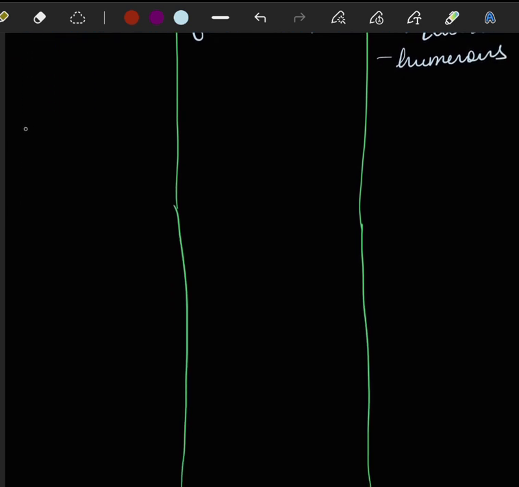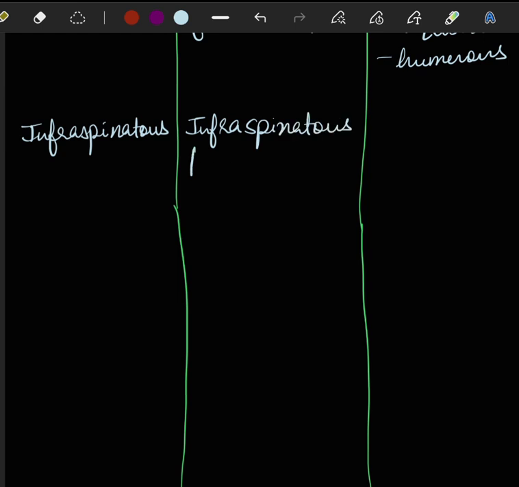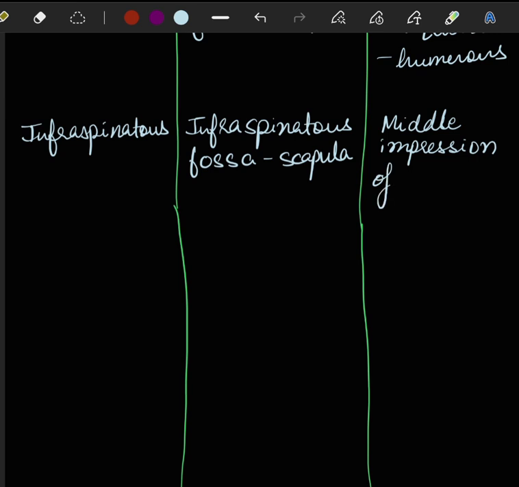Then we go upon our third, which is infraspinatus muscle. Origin: infraspinatus fossa of scapula. And where was insertion? Insertion was at middle impression of greater tubercle of humerus.